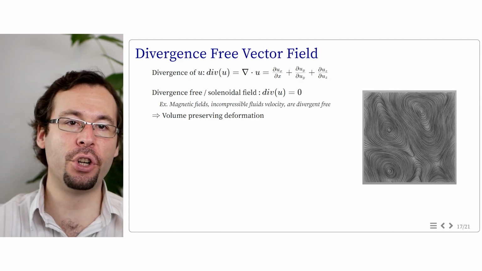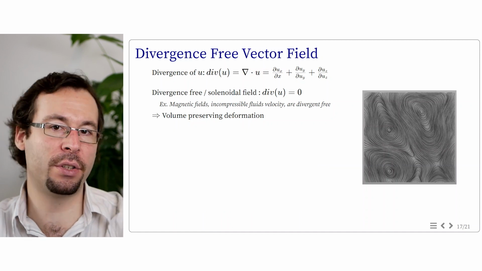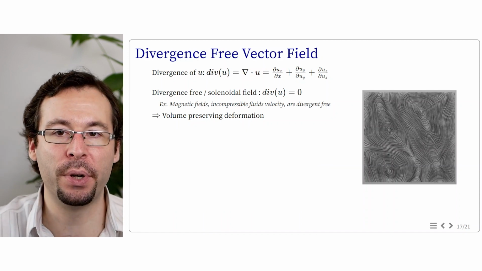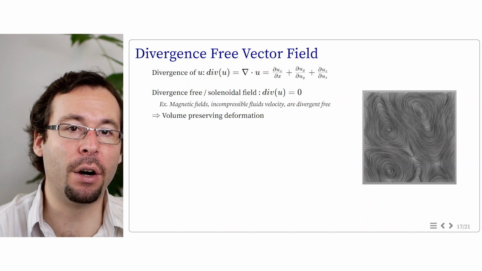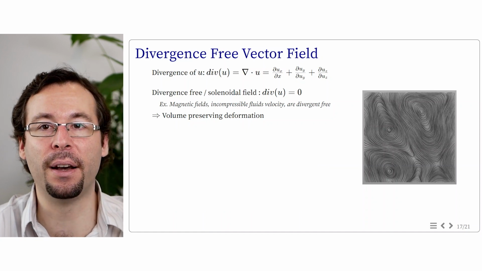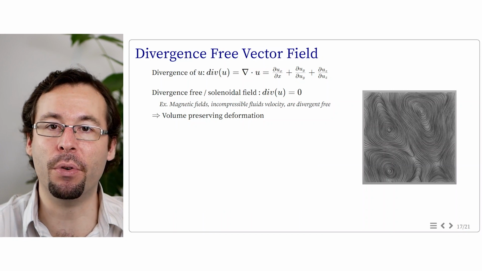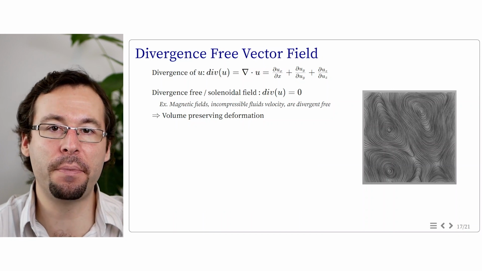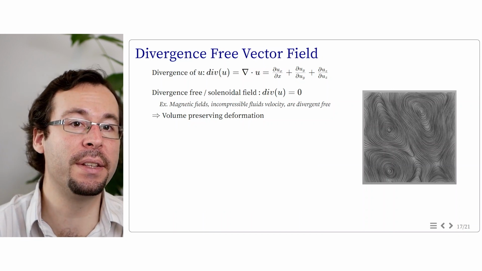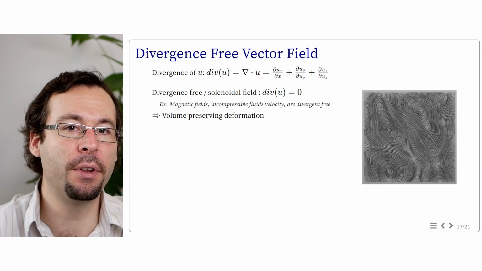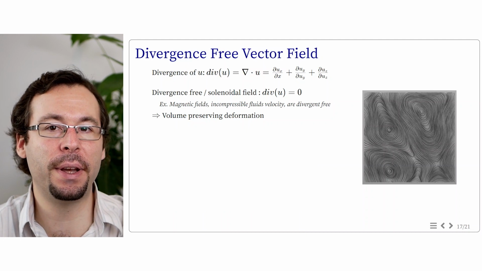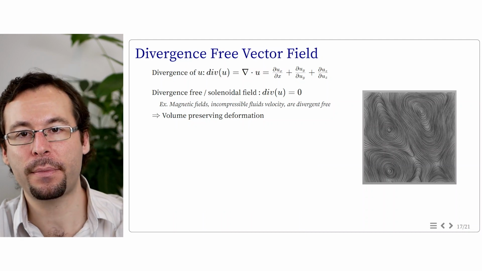And it's actually a measure of the local gain or loss of flow passing through a position. We say that a field is divergence-free, or is a solenoidal field, if its divergence is zero everywhere. For instance, magnetic fields or incompressible fluid velocity are divergence-free.